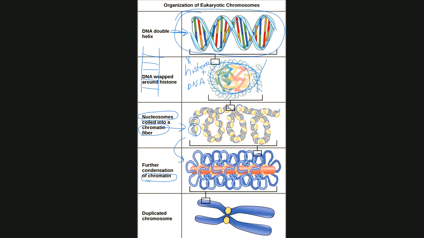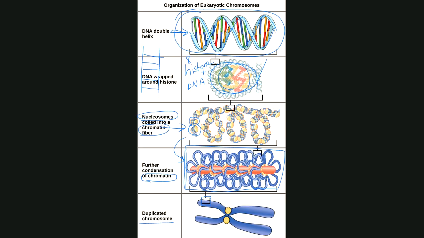But the most condensed that the DNA gets is in the state of a chromosome. So in other words, this whole piece here, which are the nucleosomes wrapped around additional proteins, would be found inside a piece of one arm of this chromosome. So the chromosomes are the most condensed form that DNA exists in.